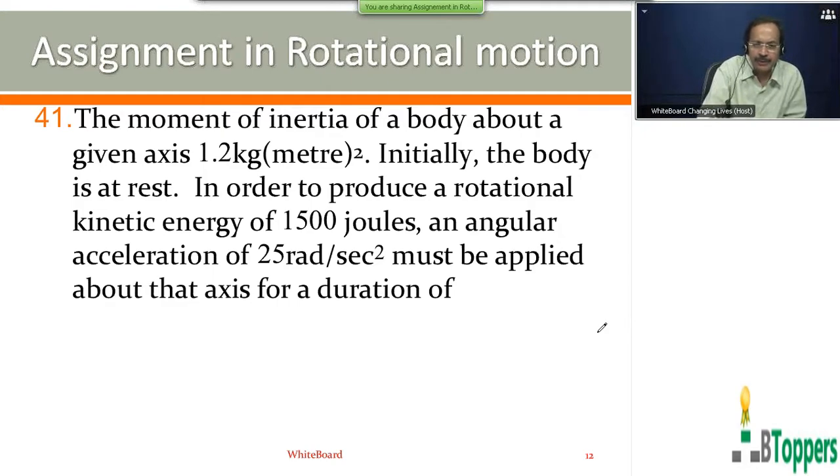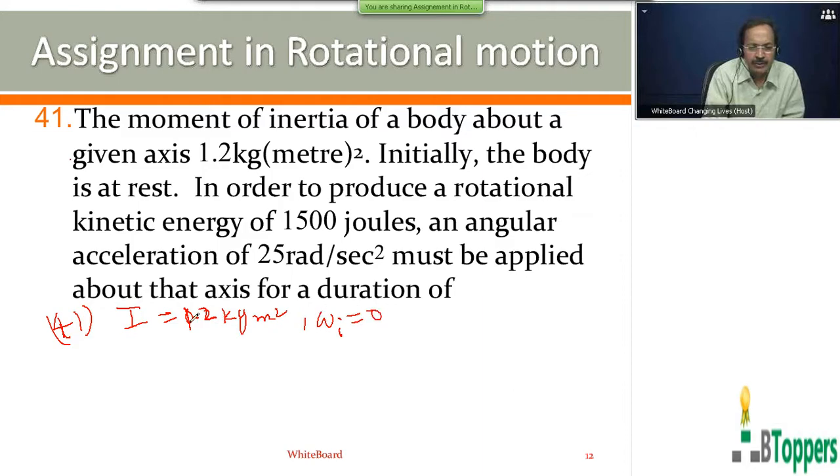See question number 41. The moment of inertia of a body about a given axis is 1.2 kg meter square. Initially, the body is at rest, so the initial angular velocity omega_i is 0, and I is equal to 1.2 kg meter square.